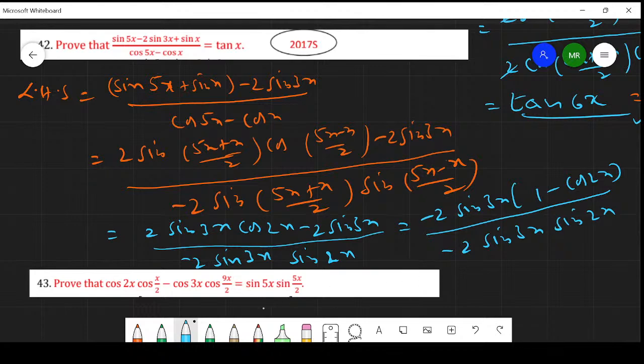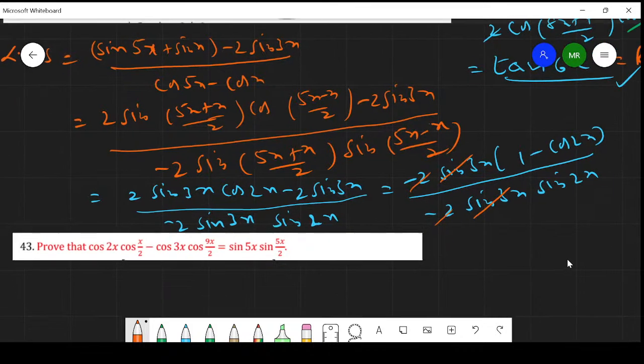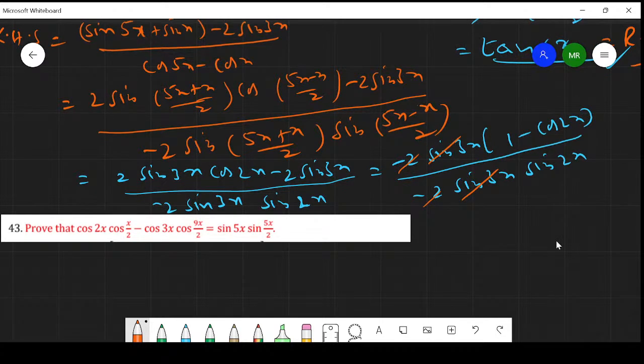Now I can eliminate sin 3x and minus 2. Now 1 minus cos 2x, we can express as 2 sin square x.